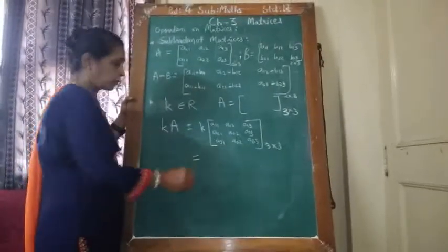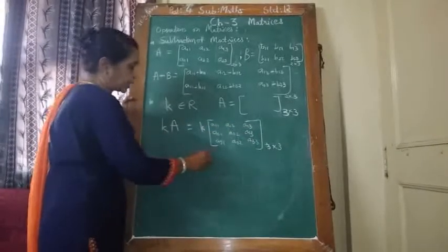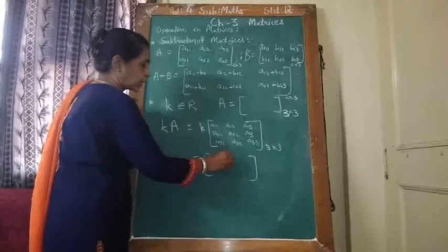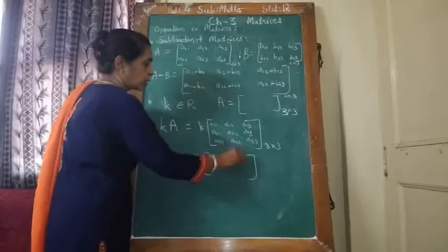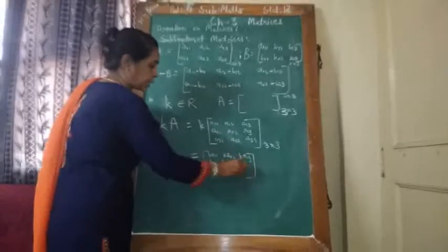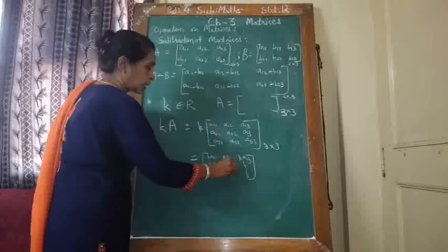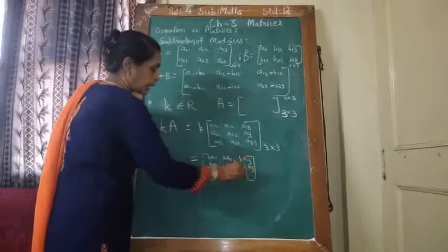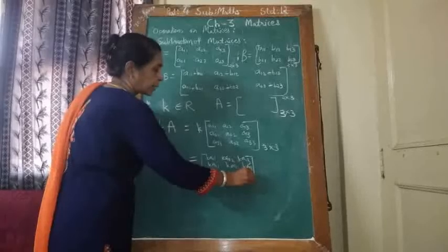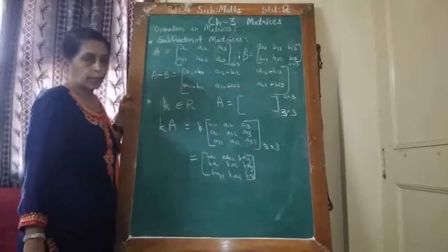Then the rule says that you have to multiply K with all elements. Then the result is K A11, K A12, K A13. So K is everywhere. See, and K A21, K A22, K A23, K A31, K A32, K A33. Clear? This way you multiply by a scalar.